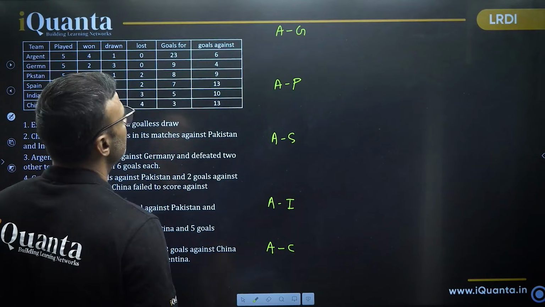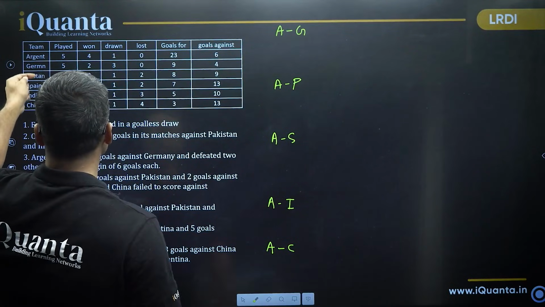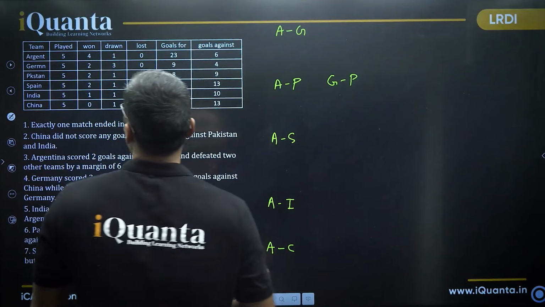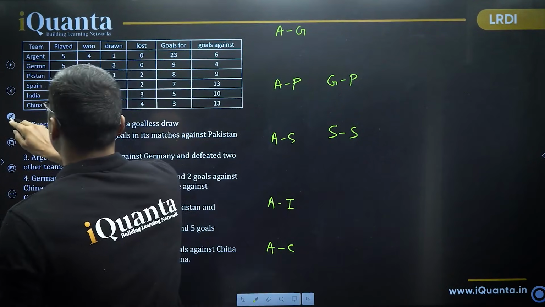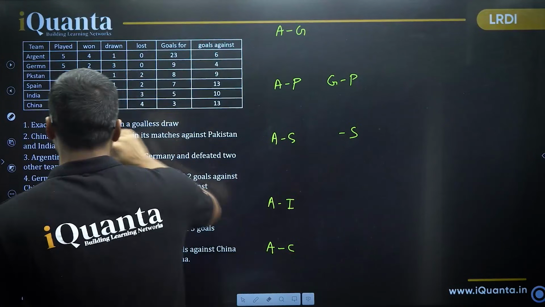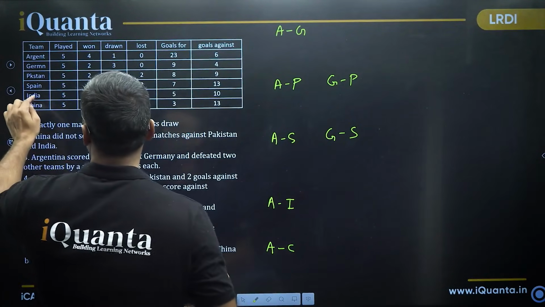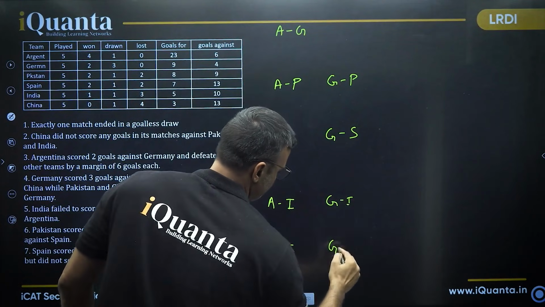Then Germany with Argentina, we already counted. Germany with Pakistan, so I write it here. Germany, Pakistan. Germany, Spain. Okay, just be careful. These kinds of mistakes will keep on happening in such questions. Germany, Spain. Germany, India. And Germany, China.